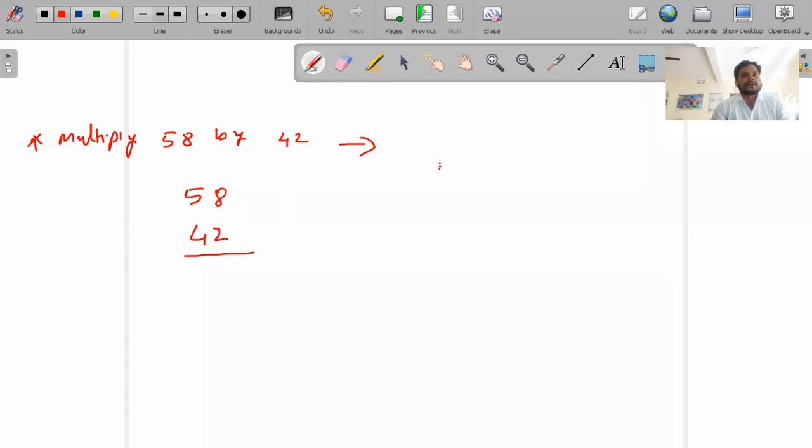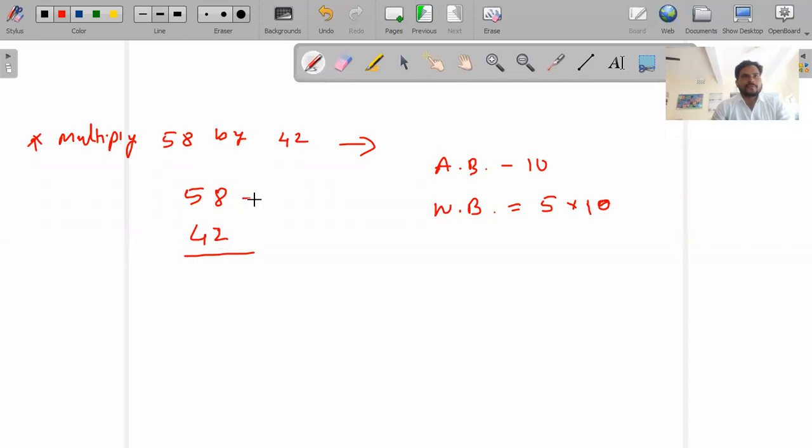Do one thing: consider the actual base as 10 and the working base as 5 into 10. Either do this, or you can consider the actual base as 100 and the working base as 100 by 2. The answer is 2436.